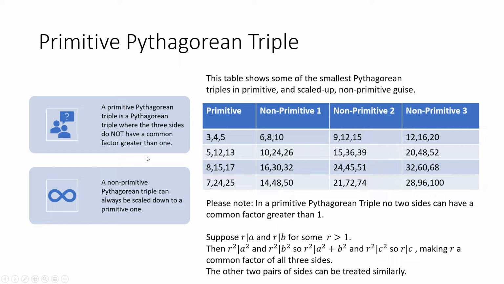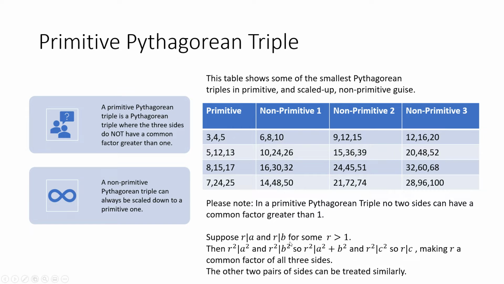What I'm also saying is that in a primitive Pythagorean triple, not even two sides can have a common factor. So I've said that here. No two sides can have a common factor greater than 1. I put a short proof here.